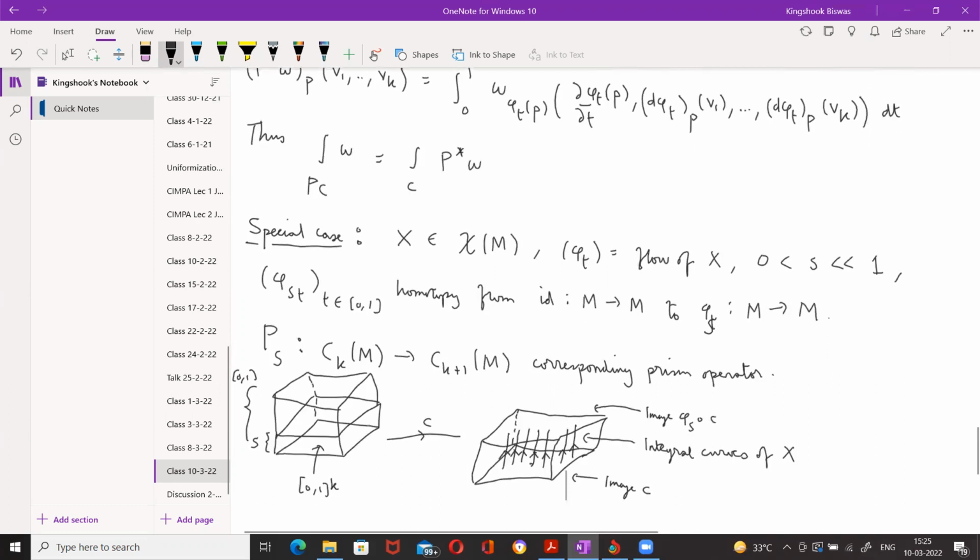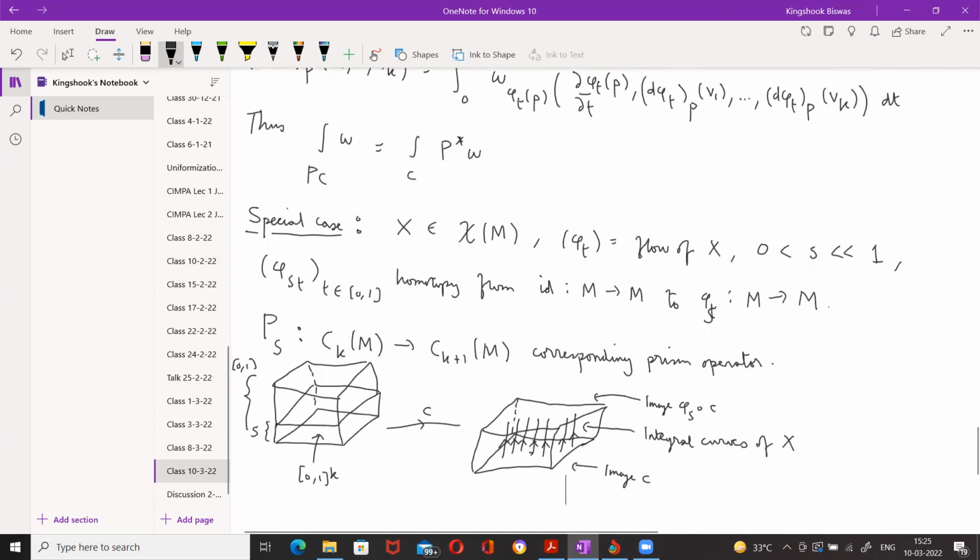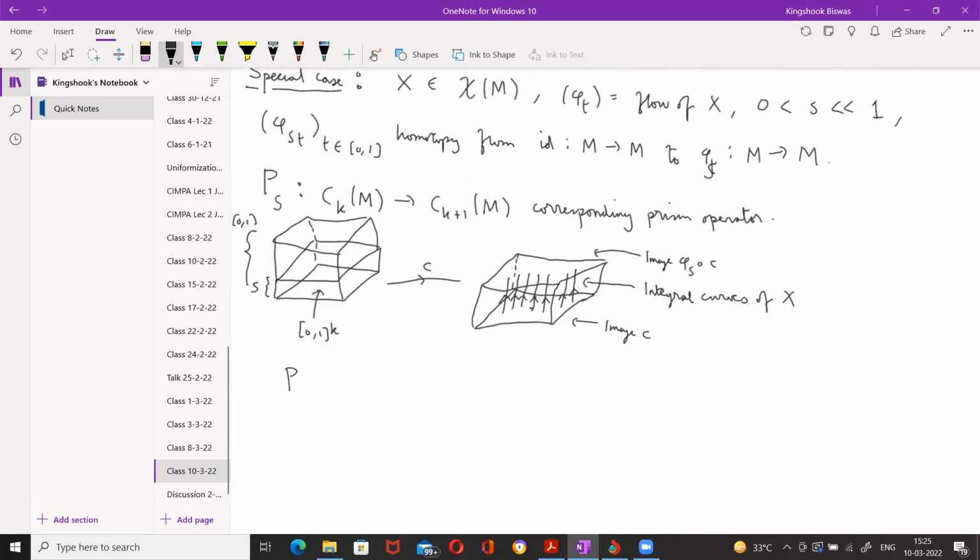So let omega be a k plus 1 form in M, and let p be a point in M, and v1 to vk tangent vectors at p.